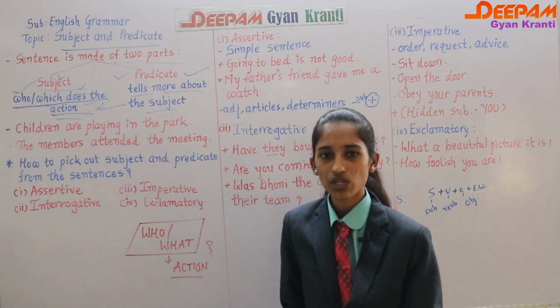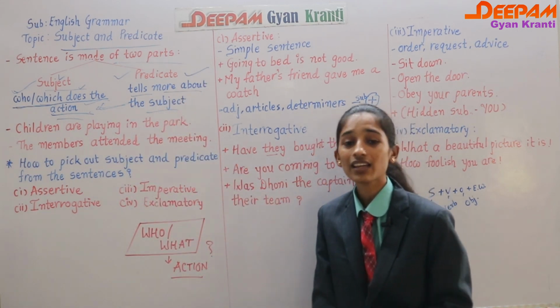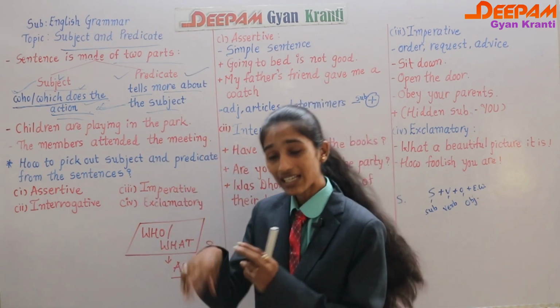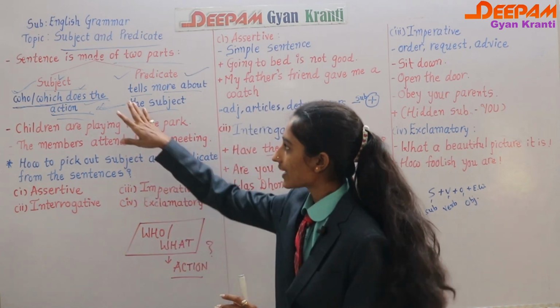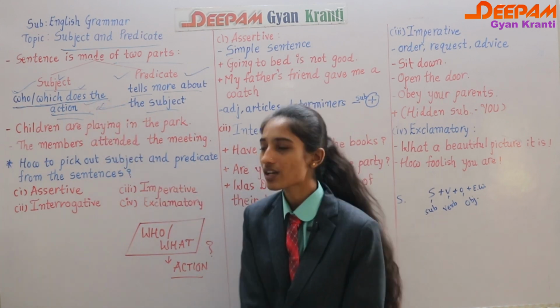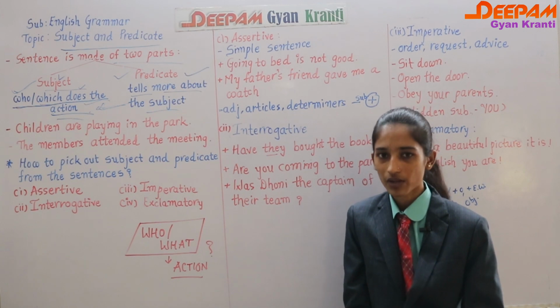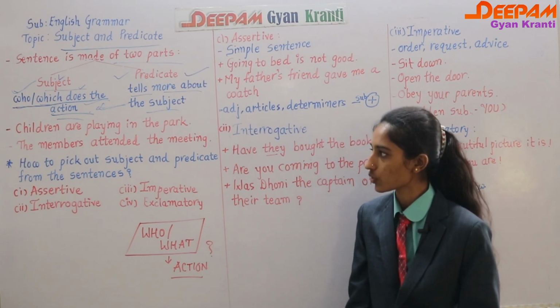So is it clear what subject and predicate are? A sentence is made of two parts, subject and predicate. Subject indicates who does the action, and predicate tells more about the subject. I hope it is clear to you.